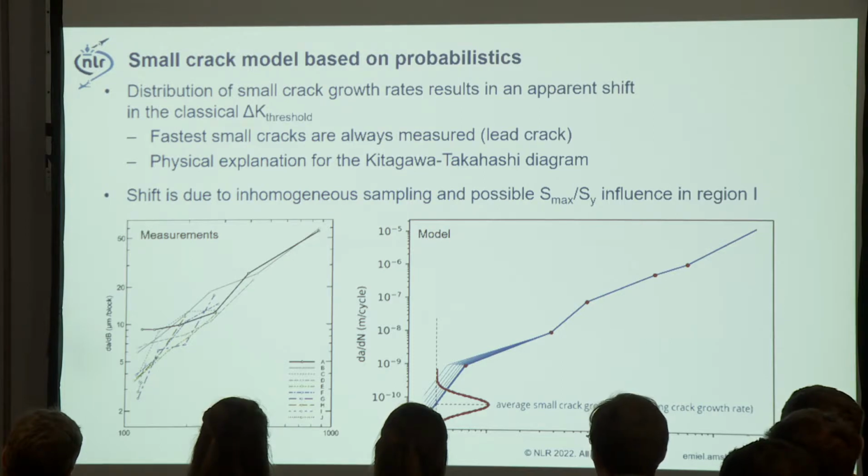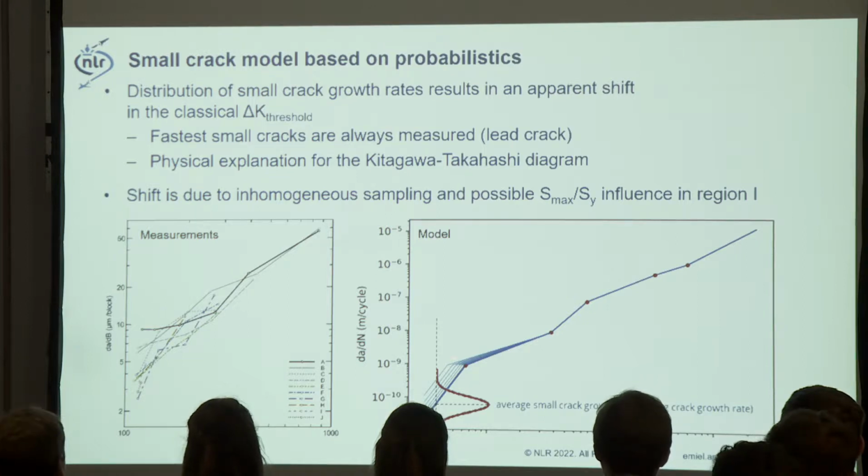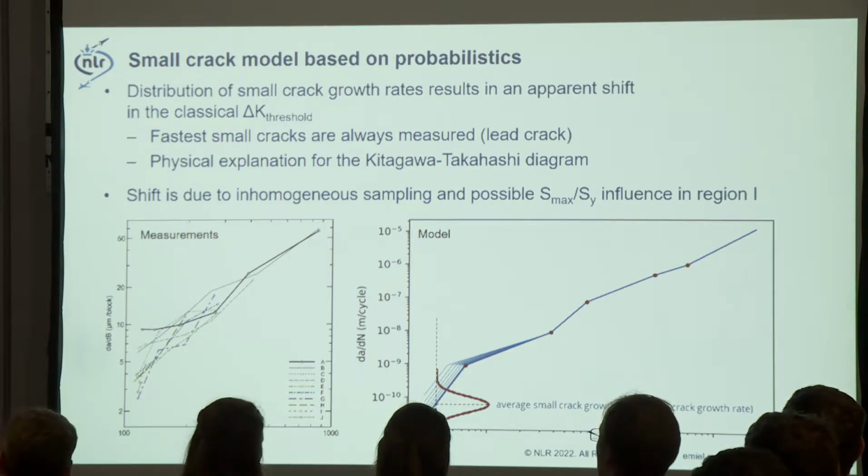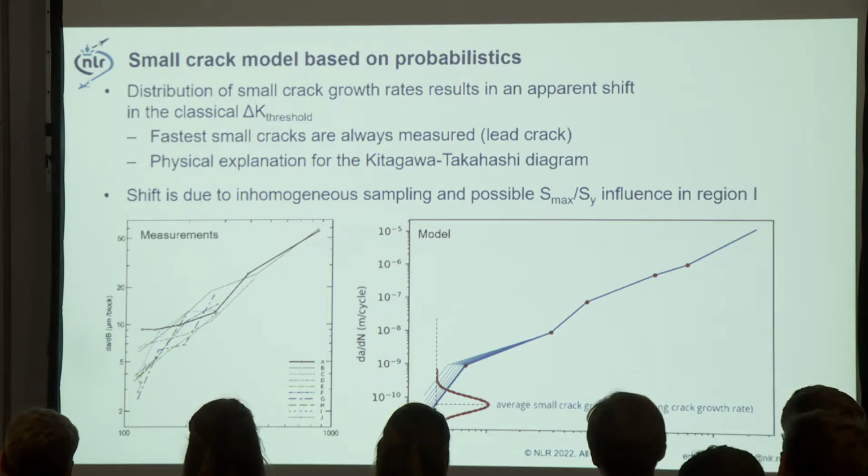And if you then have a change in slope at a specific crack growth rate, this automatically leads to a change in delta K threshold. So a distribution of small crack growth rates, in combination with a fixed transition from the slope of region 1 to region 2, automatically gives you an apparent change in the delta K threshold.